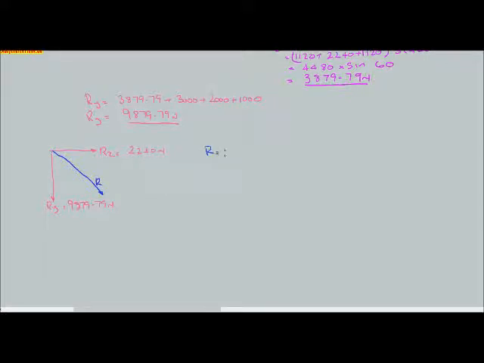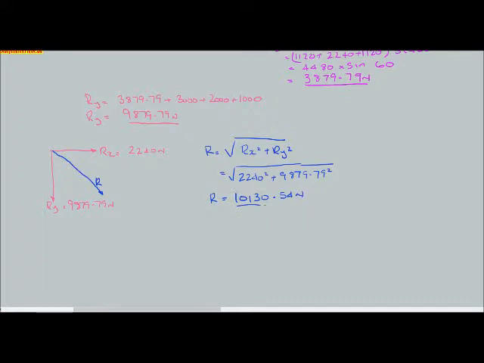We said that R is going to equal the root of Rx squared plus Ry squared, which is going to equal the root of 2240 squared plus 9879.79 squared. So R is going to equal 10130.54 newtons. So I found the resultant.